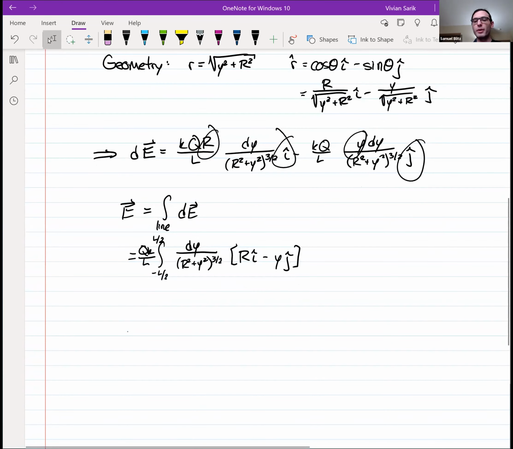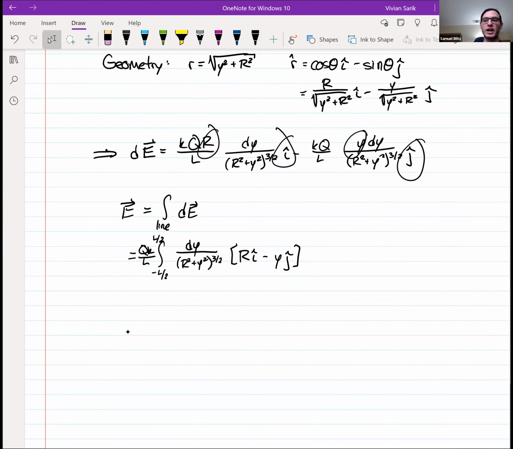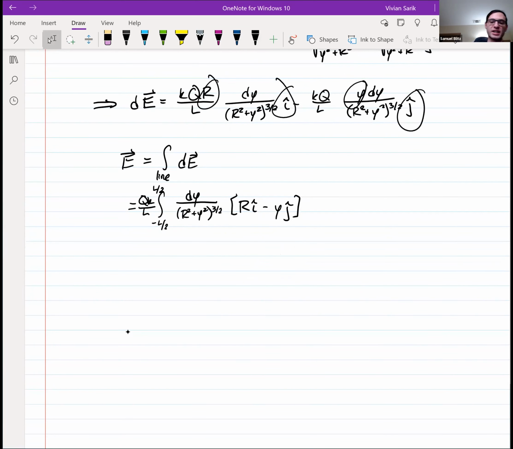Now, in principle, you might think that this is a hard integral to do. Maybe you've never seen an integral with unit vectors in it. But it's really not once you realize that you can just split integrals that are added together. So this is really kQR over L, integral from minus L over 2 to L over 2, times dy over r squared plus y squared to the 3/2 in the i hat direction.